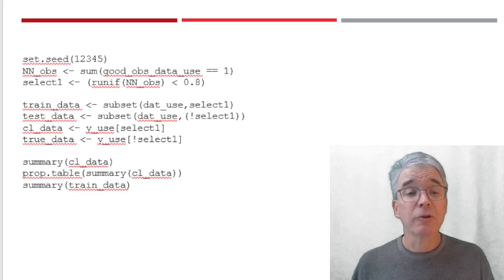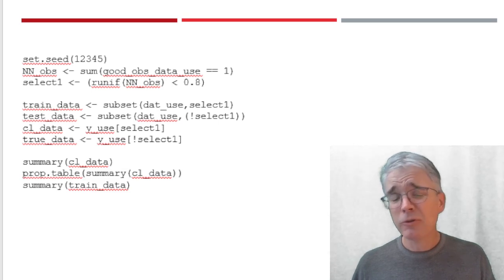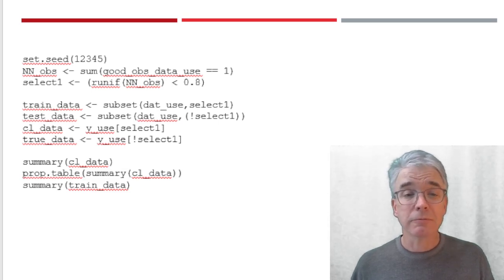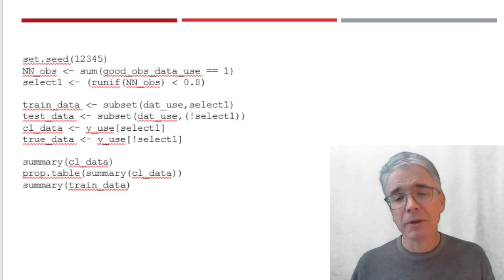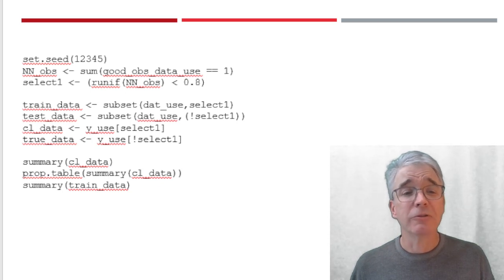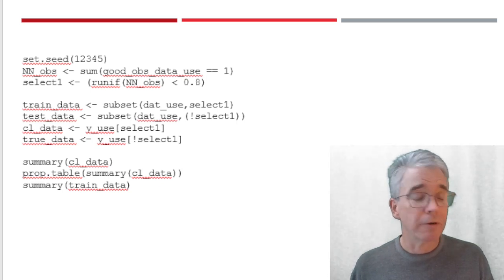If it's greater than 0.8, then it returns a value of false. It's a way of randomly splitting the data, so 80% go in the training set, 20% into the test set. Then there's some lines that give a summary of the data that we're using, mostly so you can check that it looks okay. Where not okay would be like if there are lots of missing observations or the numbers are not between 0 and 1.